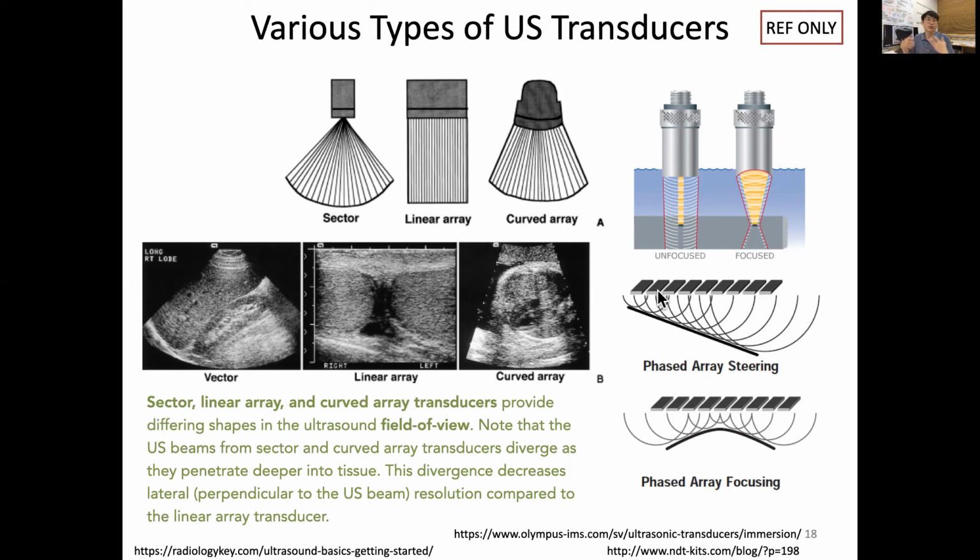And any kind of pattern can be made by generating a proper time delay, so we can make phased array focusing. Instead of making the transducer shape concave, which is probably more difficult to manufacture, we can use an arbitrary shape by use of a phased array. So this is a more advanced version of ultrasonic transducer technology.